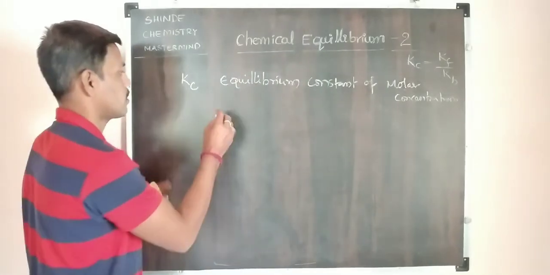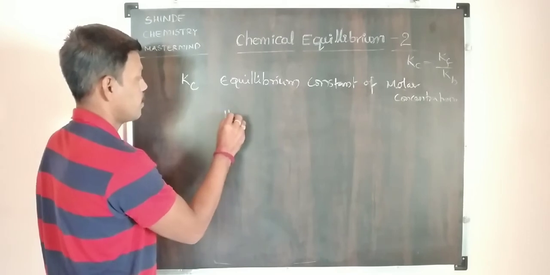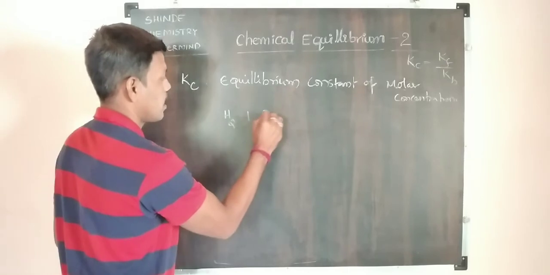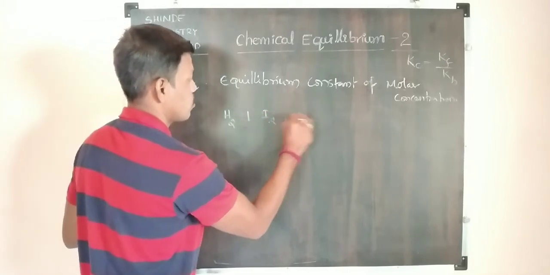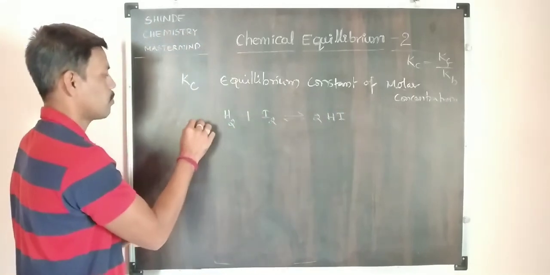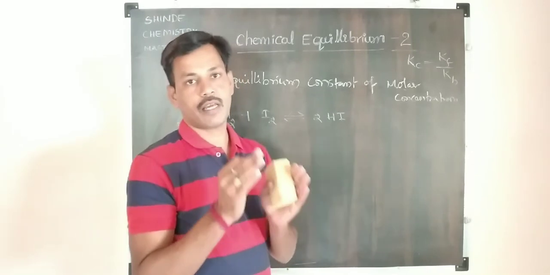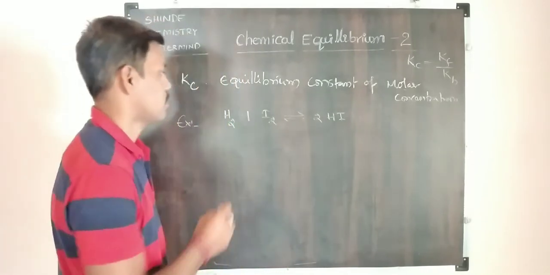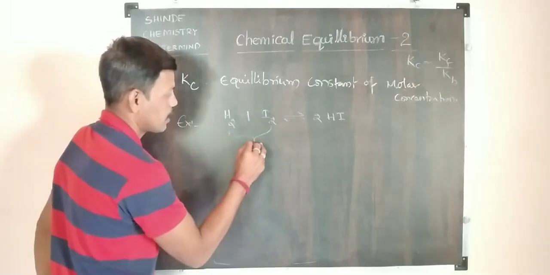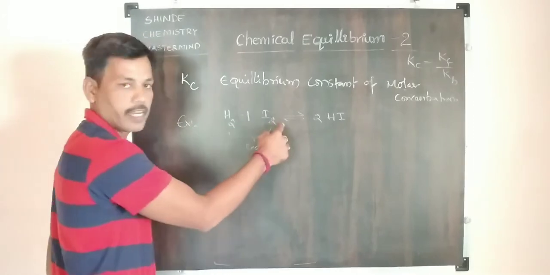So see here, friends, H2 plus I2 gives 2HI. This is an example, and we have to find out Kc. In this reaction, what are the reactants? Reactants are hydrogen and iodine.